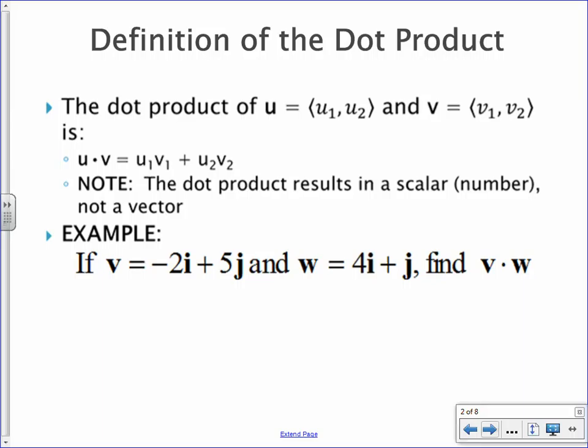Okay, so here are the two vectors that I'd like to find the dot product of. V is the vector negative 2i plus 5j. W is the vector 4i plus j.